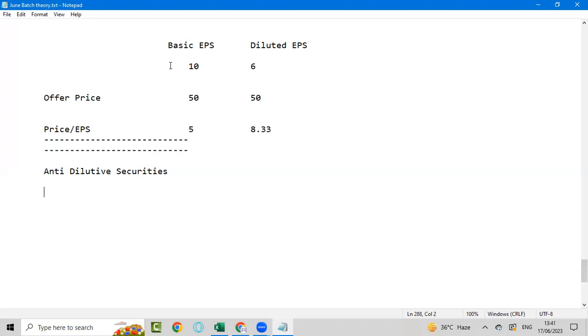Okay. Why do we need it, what are anti-dilutive securities? See, diluted EPS. First, I am considering the effect of preference stock. In case of basic EPS, you were deducting preference dividend, which was 10. But in diluted EPS, we did not deduct it.